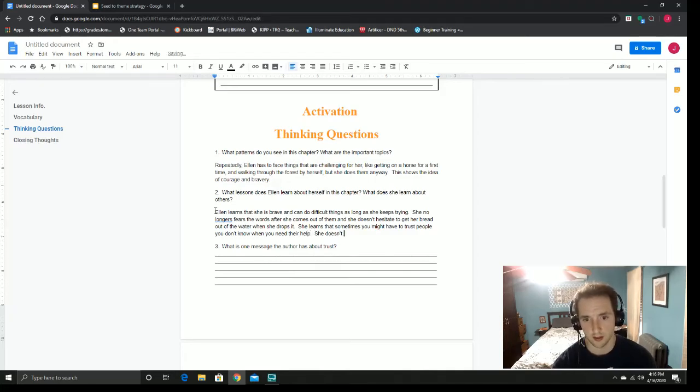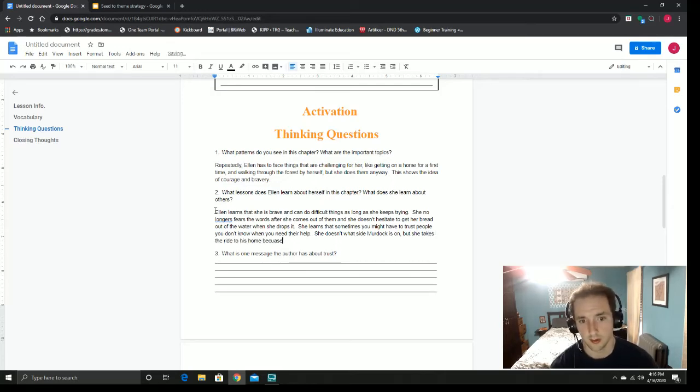She doesn't know what side Murdoch is on, but she takes the ride to his home because otherwise she would let her grandfather down.